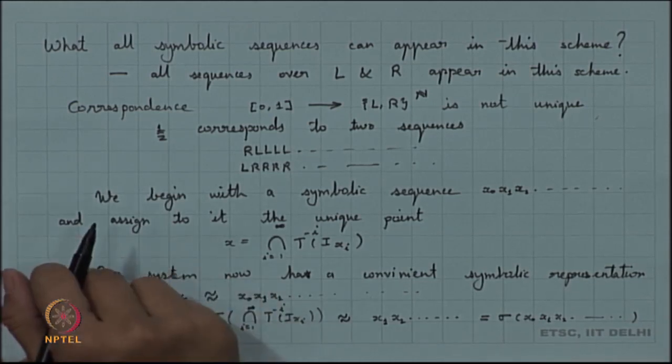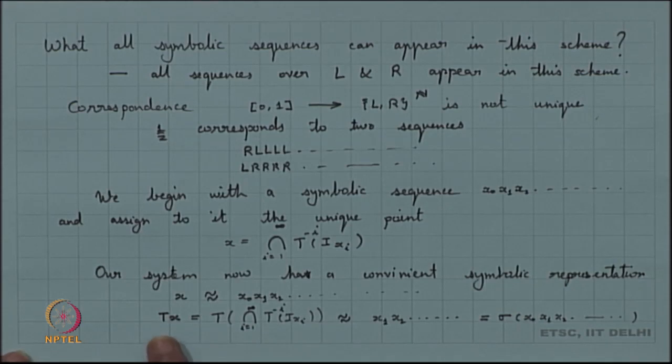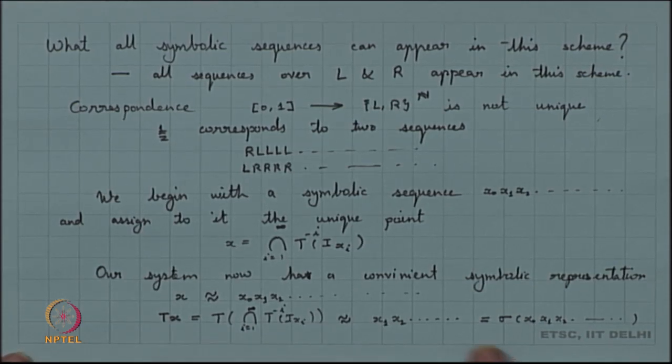So, any point x in 0 1 can now be uniquely corresponded in such a manner that T x happens to be just the shift.